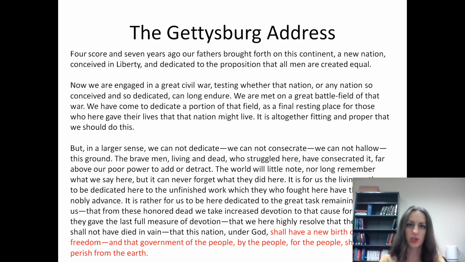So we're tying it back again to the founding of the country, and all of that ethos that builds. And then again, we also have that repetition, and Lincoln's really brilliant at this use of repetition. Of the people, by the people, for the people, shall not perish from the earth. That repetition really builds up emphasis to that final moment. Super powerful.